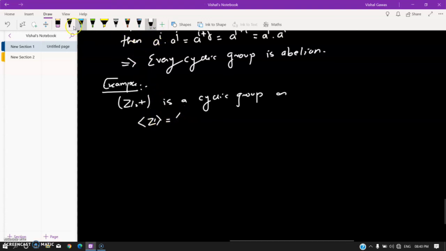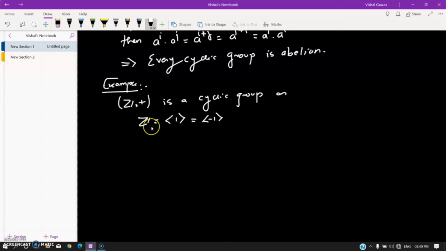Sorry, I made a mistake. I do this carelessness all the time. Z is generated by 1, right? 1 generates Z, and minus 1 also generates it, because minus 1 is the inverse of 1, and if an element generates, its inverse will have the same order.